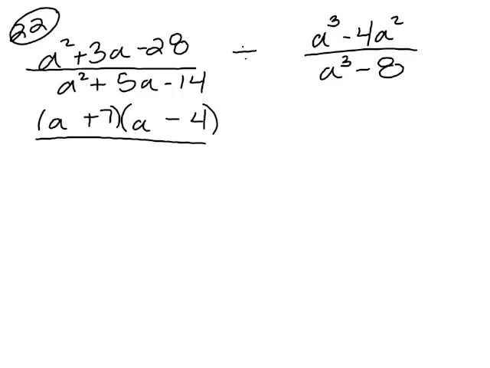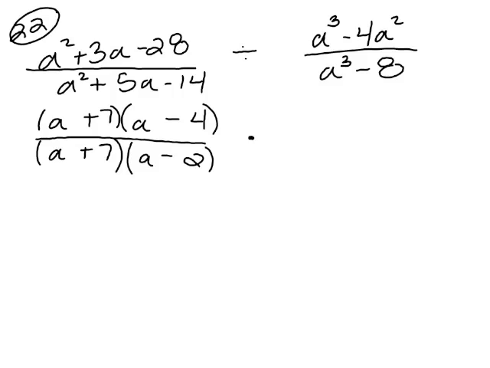So then I'll end up with a squared minus 4a plus 7a. There's my plus 3a and a negative 28. Down on the bottom, a and a. Factors of 14 that are going to get me to 5, so probably 2 and 7. Positive or negative? Okay, one of each. So 7 positive, 2 negative. So I'll end up with a positive 7a and a negative 14.